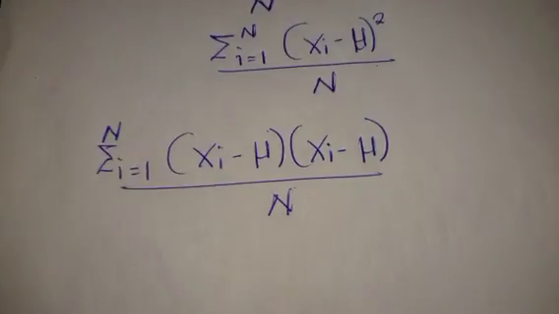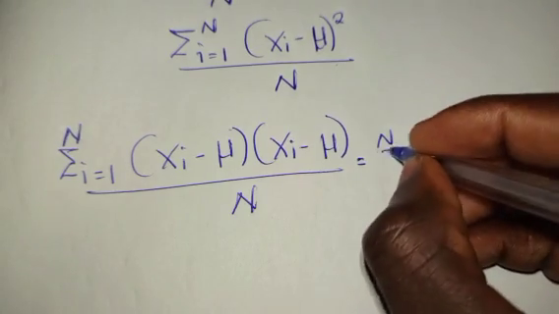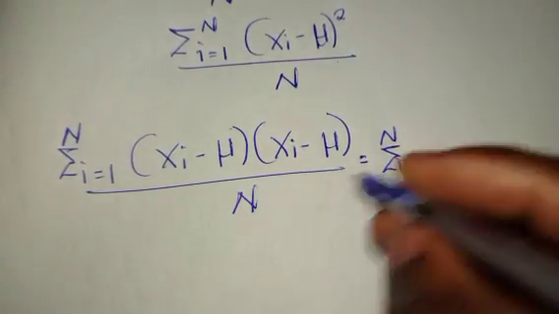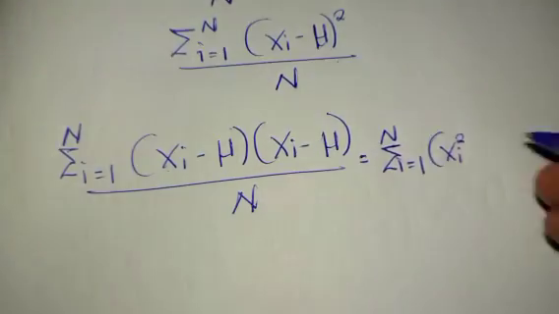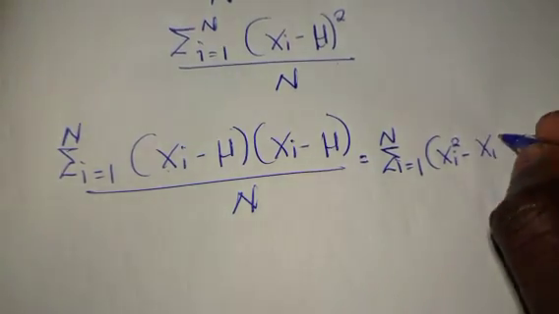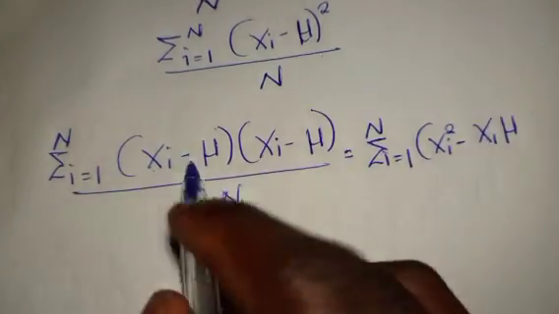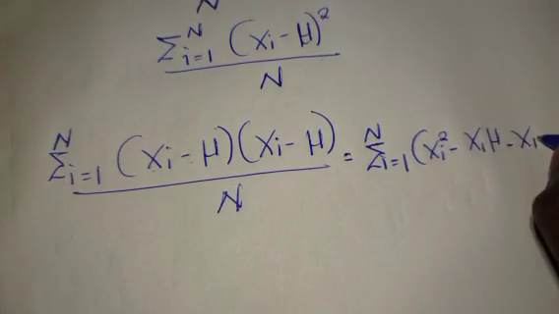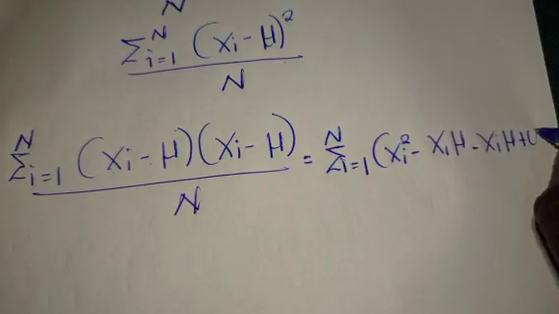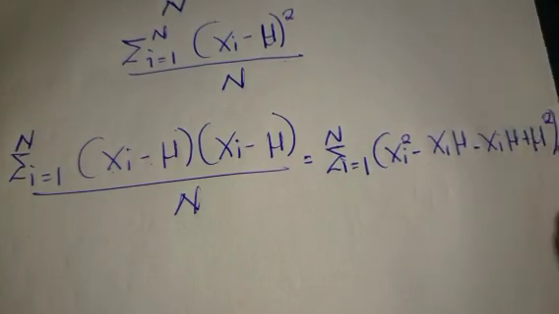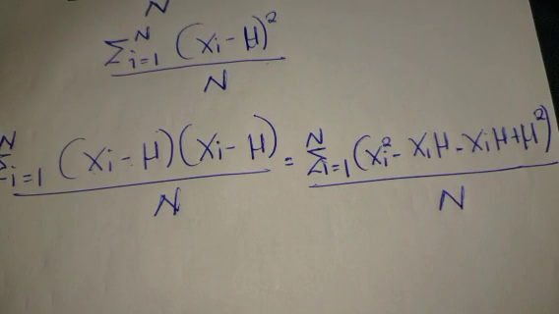We have the summation of i equals 1 to n: this times that is x_i squared, this times that is negative x_i mu, then this times this is negative x_i mu, and mu times mu is positive mu squared, over n. So this is what we have when we multiply.